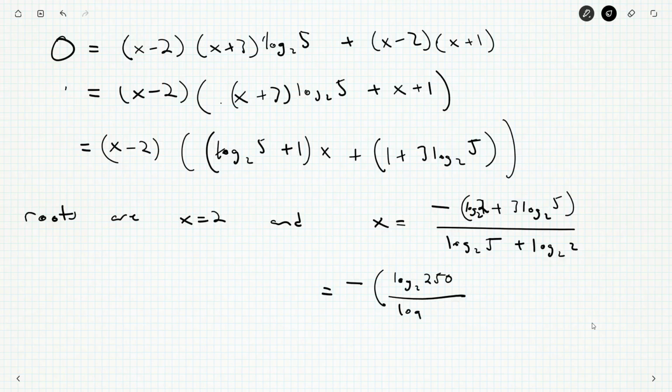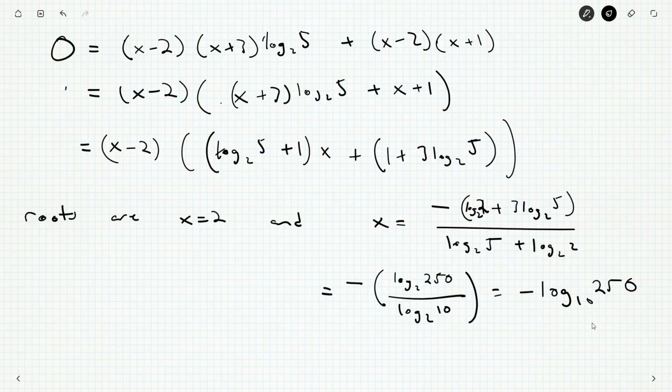Over log base 2 of 2 times 5 is 10. And here's your very rare change of base formula. This becomes negative log base 10 of 250. And there we go. So these should be our answers.